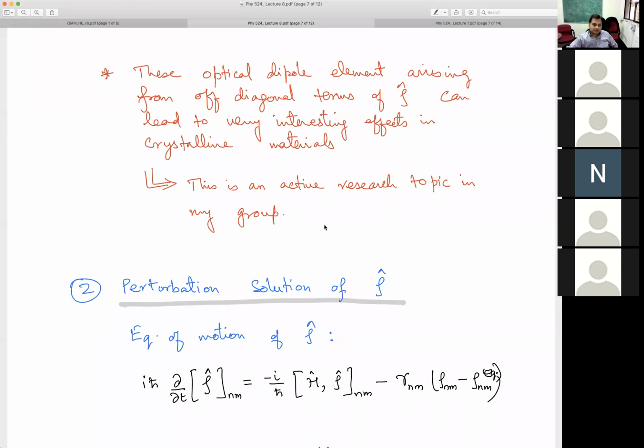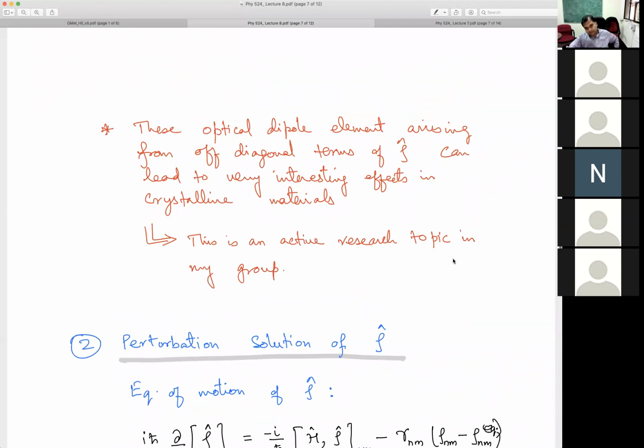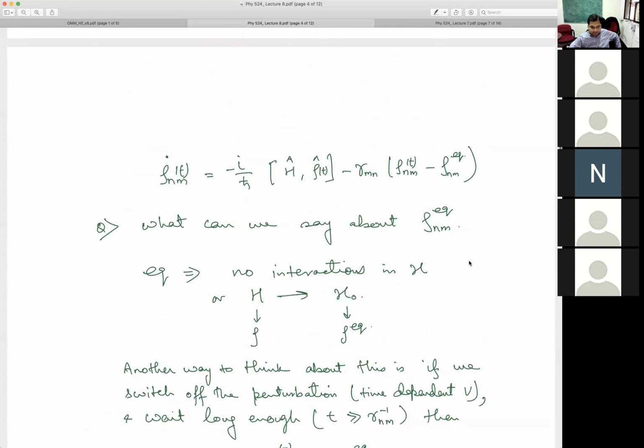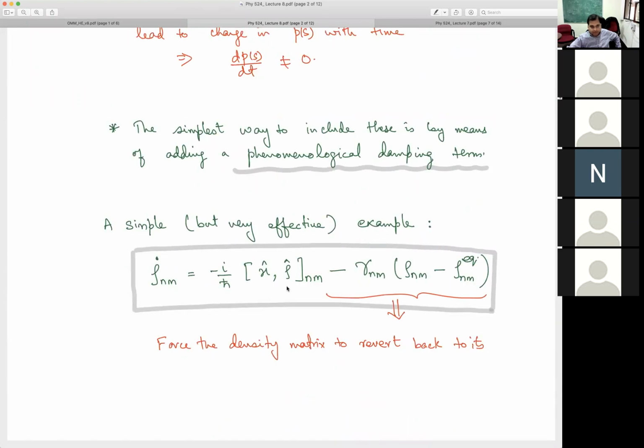Yeah. So this I already said that they can be a very interesting research topic, and we already work with this, etc. Okay. And before I proceed, I wanted to emphasize that this kind of a phenomenological equation is already used in a lot of very interesting research papers, etc., to get nice answers.